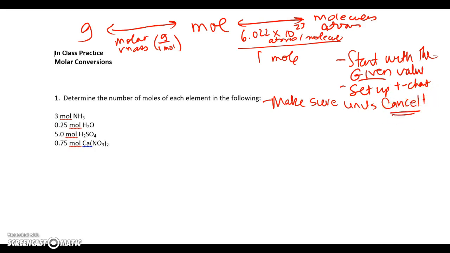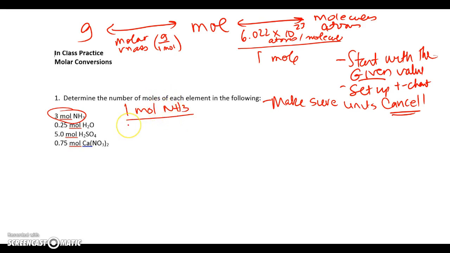So let's first try this. We are going to determine the number of moles of each element in the following. So this is where we were counting atoms, wasn't it? So first, if we have 1 mole of NH3, how many moles of each element did we have?